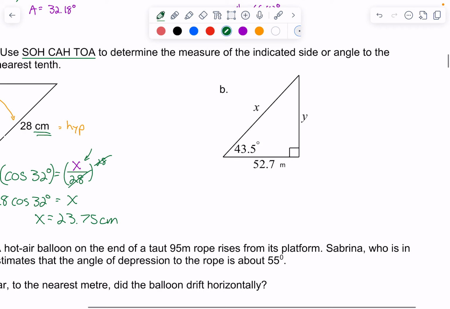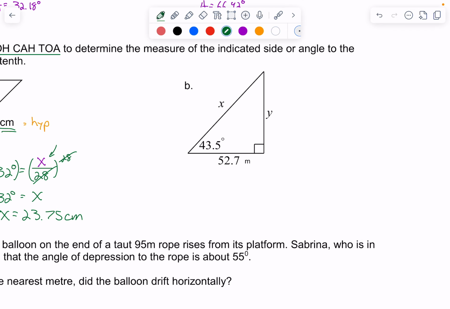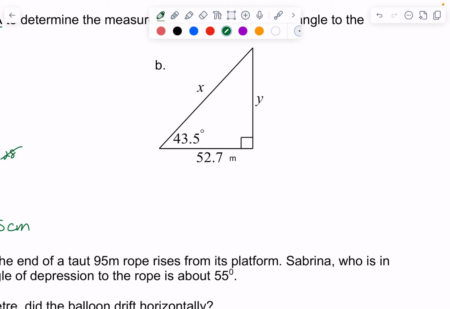Let's try part B. What do we have and what are we looking for? What I'm looking for is this x right here and this y. So why don't we start by finding the y, okay? I am given an angle of 43 degrees and a side length of 52.7.